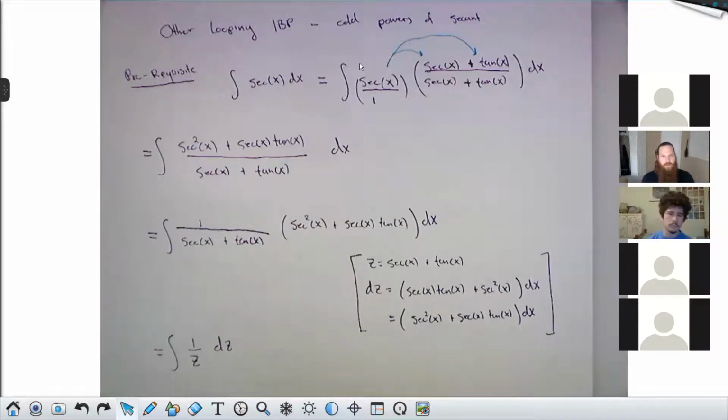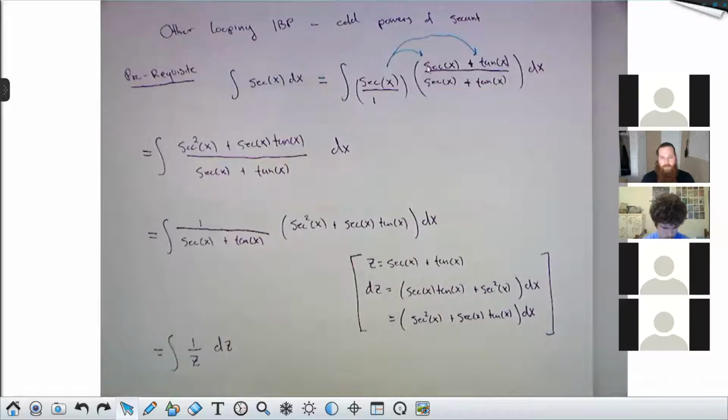It's not something where you'd say, maybe if I try multiplying by secant plus tangent over secant plus tangent, something nice will happen. No, it's just a trick. It's an old-fashioned trick. It's something that people have discovered works and is a way to get this integral without nastier tricks. So it's not a trick you're going to use anywhere else. It's a trick we only use on this integral, and that's why I say it's worth just memorizing this integral.